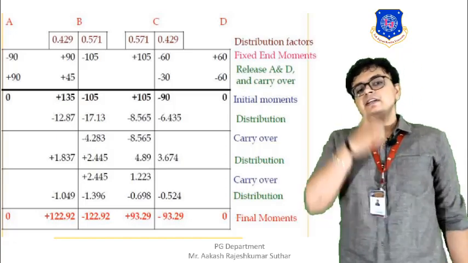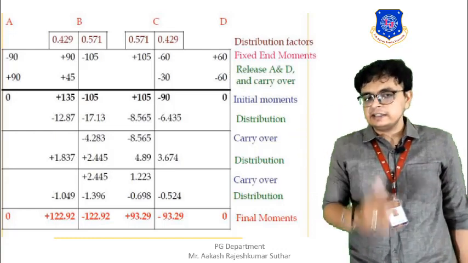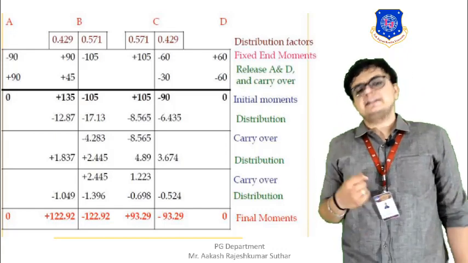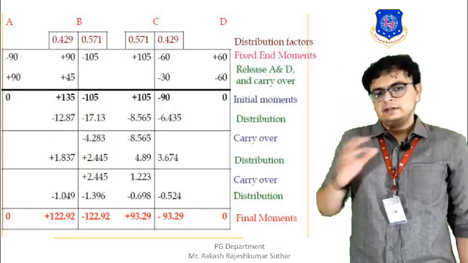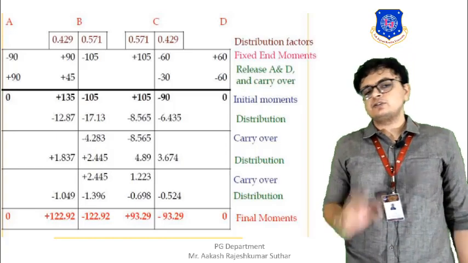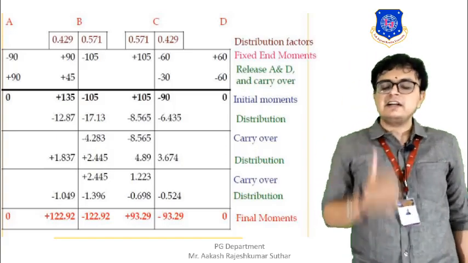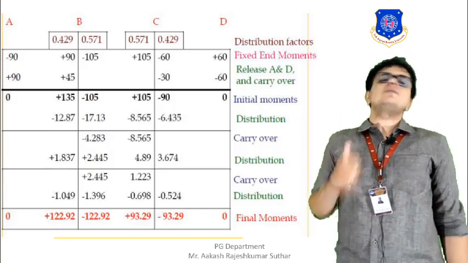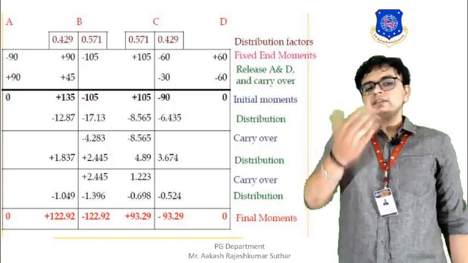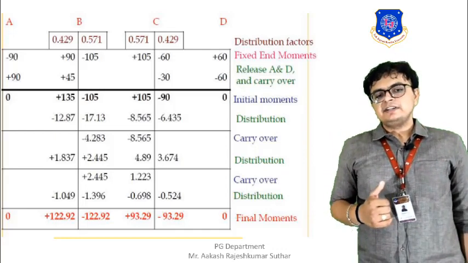After multiplying with the distribution factor, we actually get 12.87, but while putting it in, we take minus 12.87. Similarly for MBC, adding at the joint, 135 minus 105, we get plus 30, and that will be multiplied with 0.571. After that we get the value 17.13, but we have to take the opposite sign, that is negative, so we take minus 17.13.